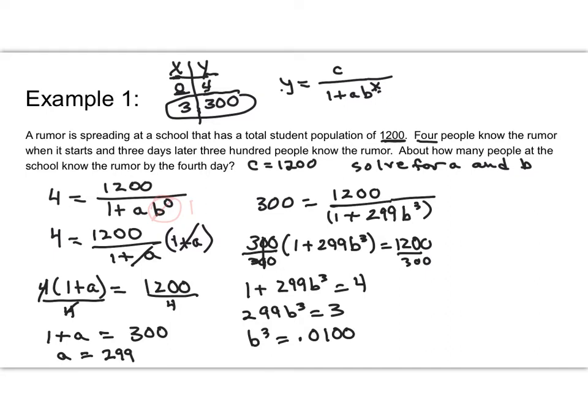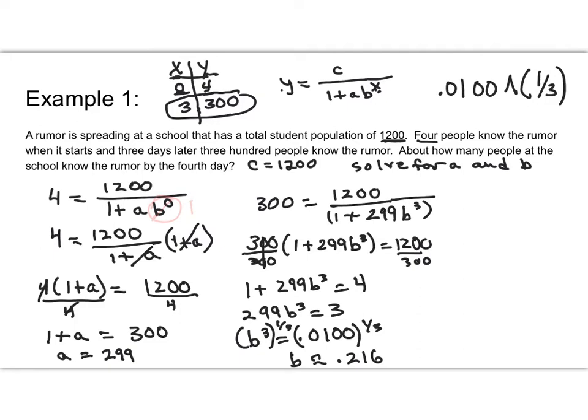So I'm going to raise both sides to the 1/3. And I do that in my calculator by entering 0.0100, using the caret, parentheses 1 divided by 3. The reason I do that is b to the third to the 1/3 gives you b to the first. That means that b is going to be about 0.216. So you're going to need a calculator for this.